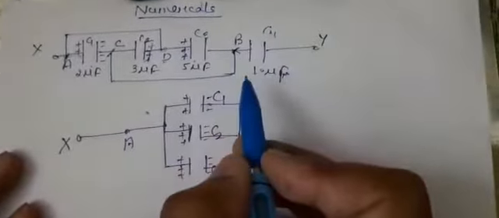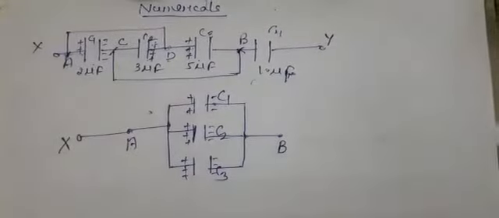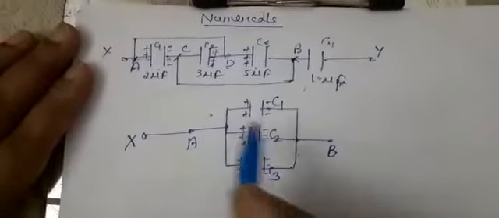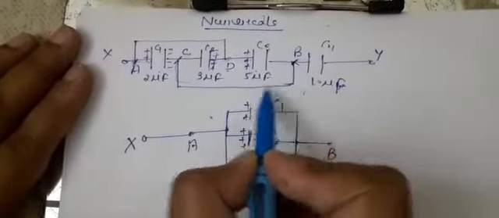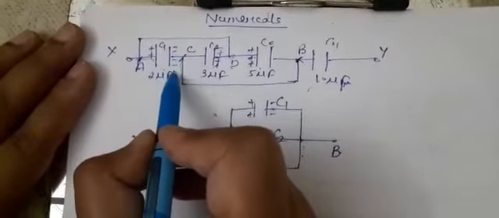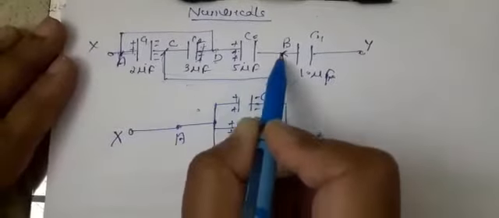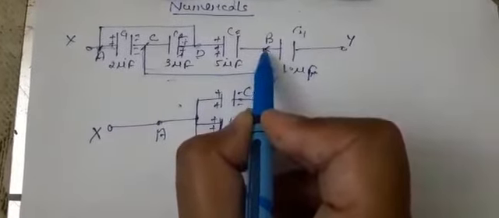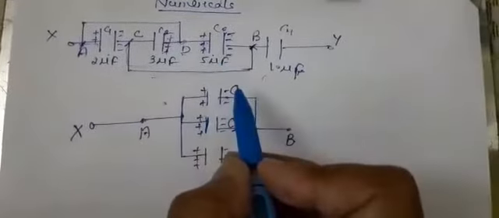See how these are connected to B. You can see from here that this C point is connected to B, and C is connected to the second plate of C1, which will obviously be negatively charged, and this is connected to point P. Here it is connected to the negative side, the second plate of C3 also.